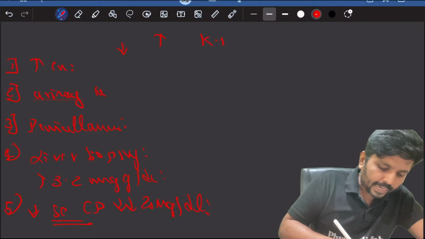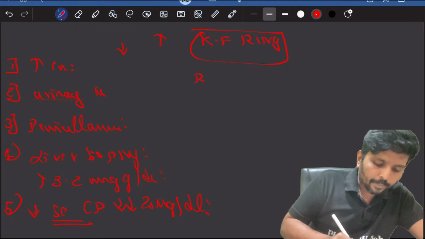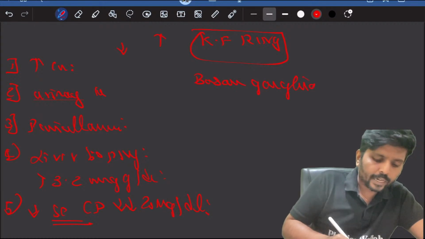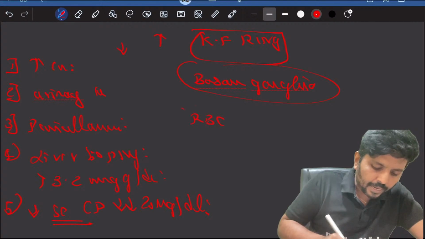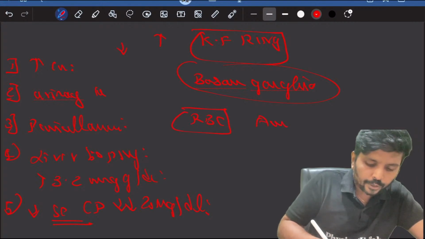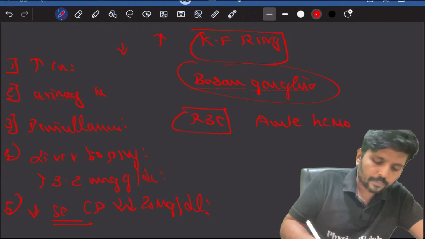So you can get KF ring in eyes. Your basal ganglia can be affected, leading to involuntary movements, and your RBC can be affected, leading to acute hemolysis.